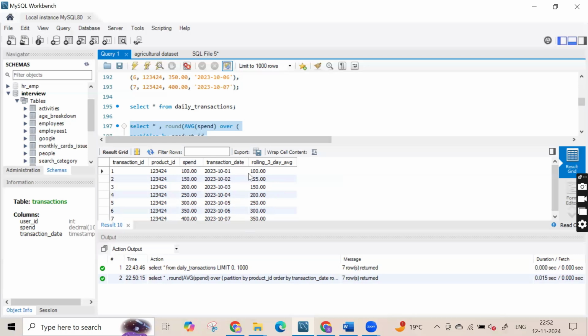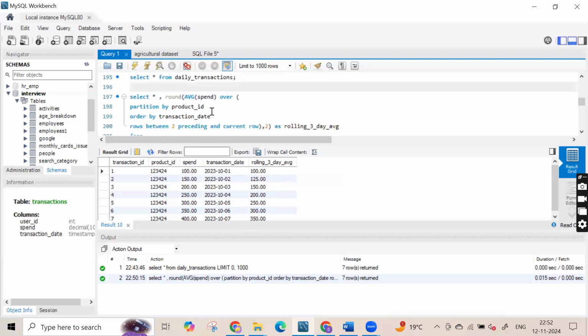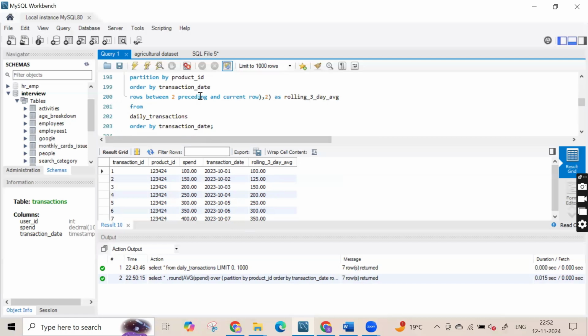Okay, in this case you got the first value as 100, because if you go below two rows you'd have nulls, because of this you can see here when I have written that you have to go rows between two preceding. So what are two preceding rows from 100? 0. So that's why I have got 100. What is the two preceding of 150? You don't have two preceding, you have only one preceding and the current row.